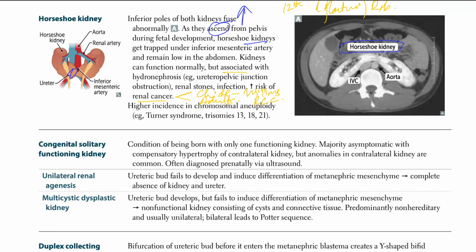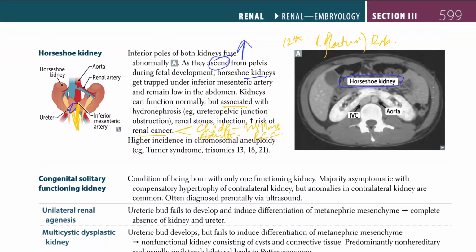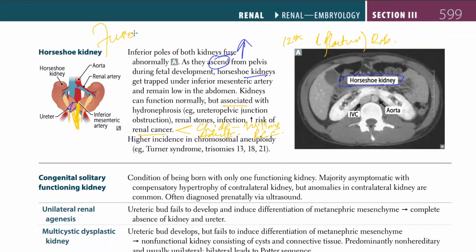And now the fusion, we said, is at the isthmus, right? Now, if we go with the embryology, which structure are we talking about in fusion? Are we talking about fusion of metanephros, mesonephros, or pronephros? That's simple to think, but it's hard if you don't know it. So the answer is there's a fusion of the metanephric blastema.